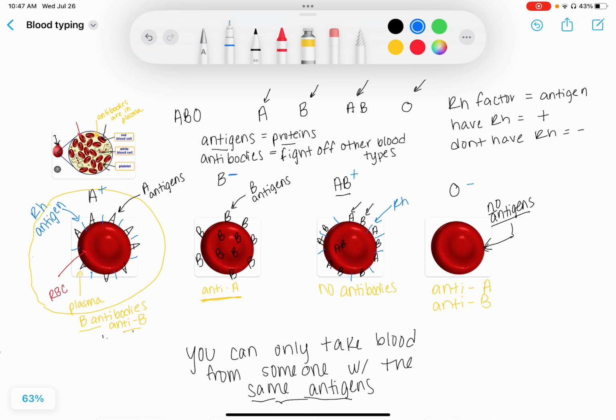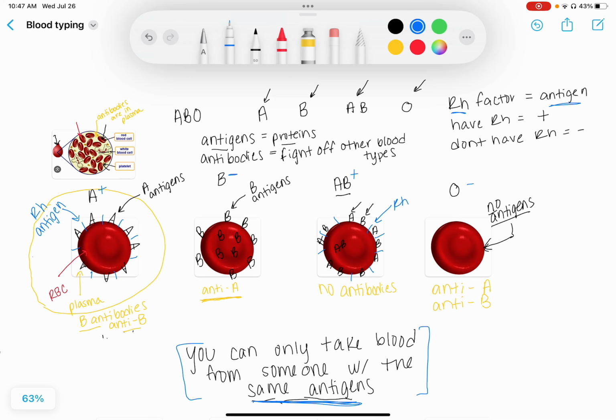Now let's review back to this part down here. You can only take blood from someone with the same antigens. We referred to that as the A and B antigens, but this also refers to the Rh antigen.